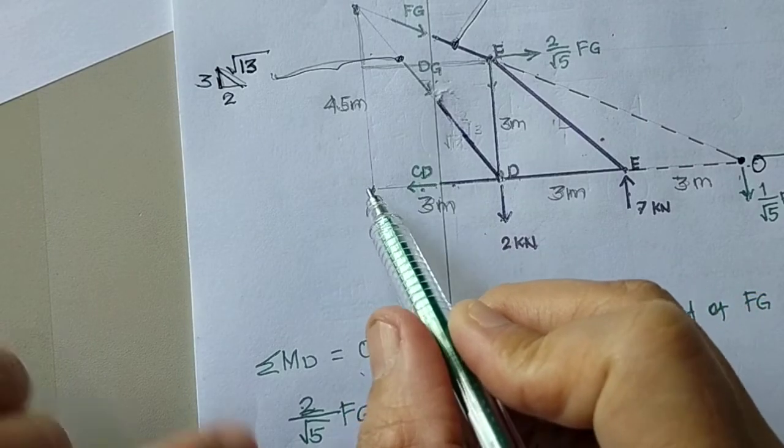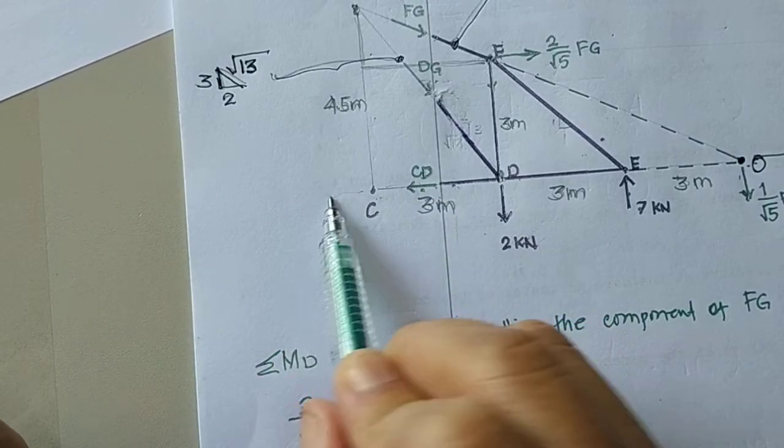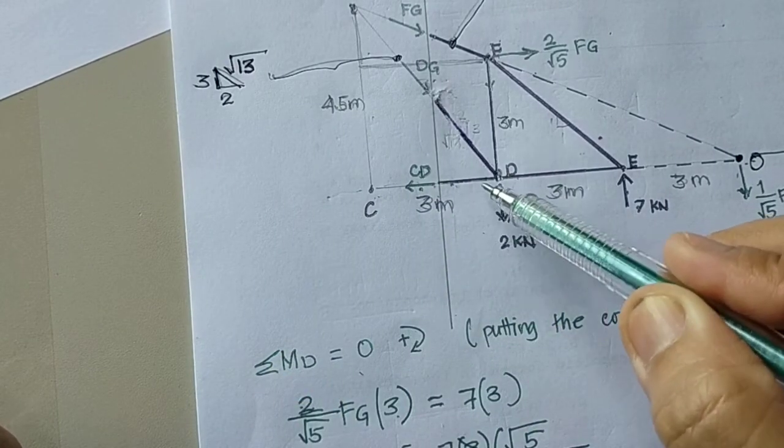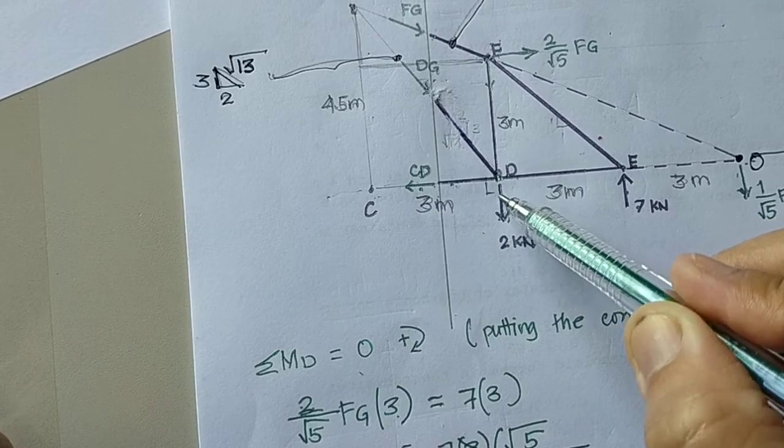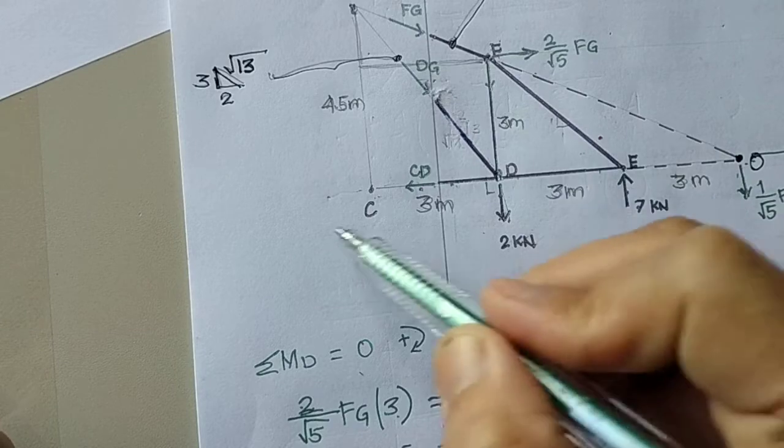The moment arm is 4.5, and the moment arm is 3, and I have reaction of 7, moment arm of 6.